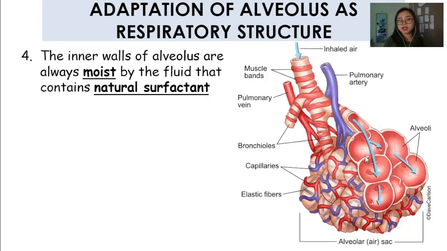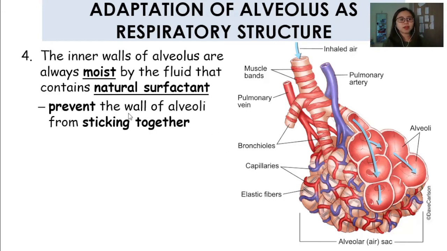Lendir yang dihasilkan oleh badan kita itu akan memastikan alveolus itu sentiasa lembab. The fluid, cecair yang saya cakap tu, lendir tu, dia akan mengandungi natural surfactant. So natural surfactant is a thing that will make sure that the cells remain moist.